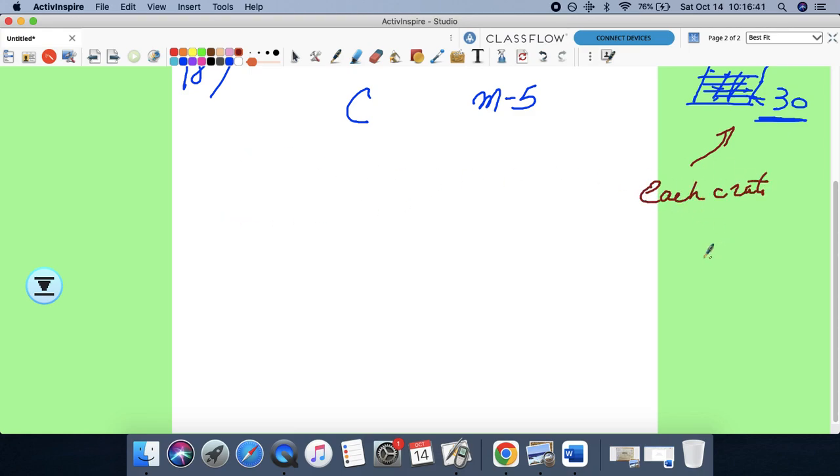Let's say we had 12 crates, 1, 2, 3, 4, 5, 6, 7, 8, 9, 10, 11, but the 12th one is missing 5. 1, 2, 3, 4, 5. There's 5 missing.